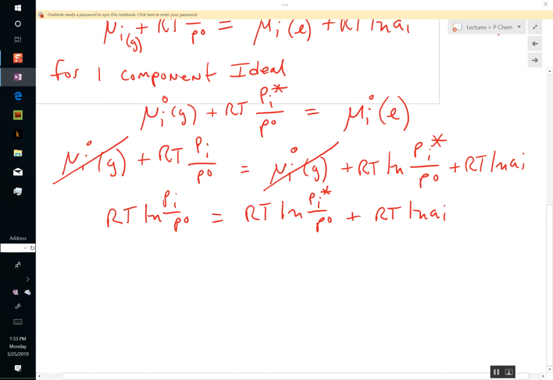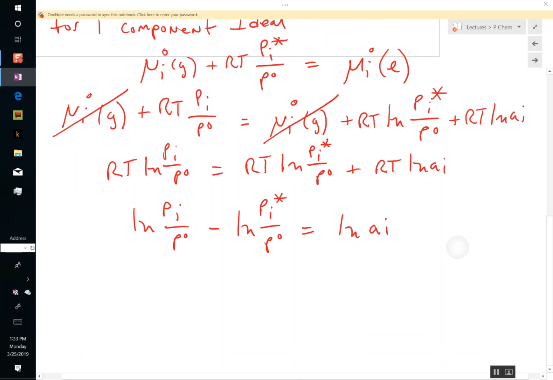All the RTs will cross out, and you'll have the ln of pi over p naught minus the ln of pi star over p naught equals ln of ai. That's the activity of the liquid.